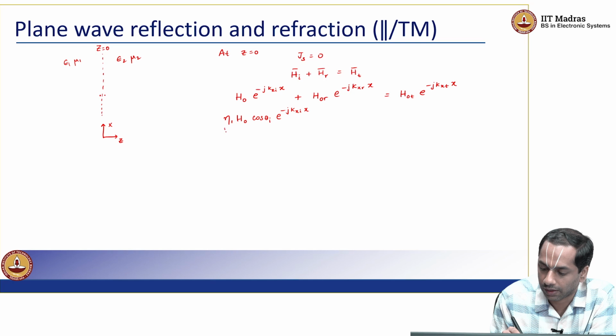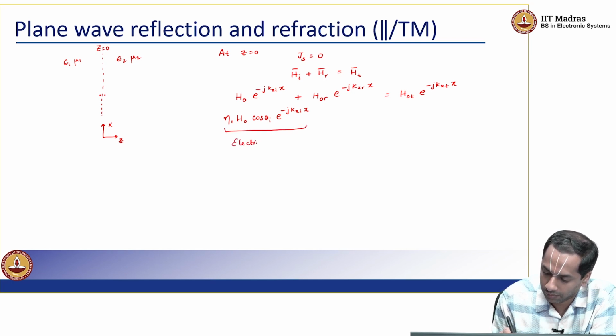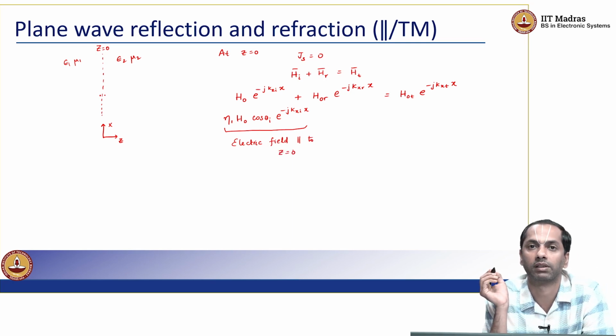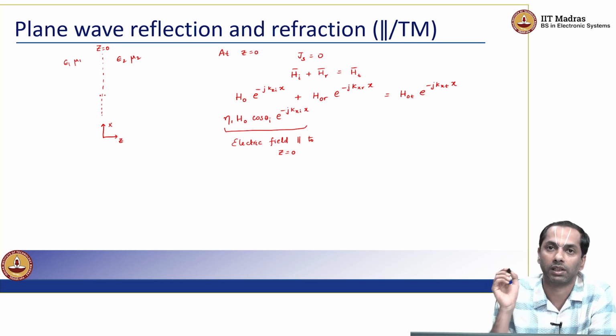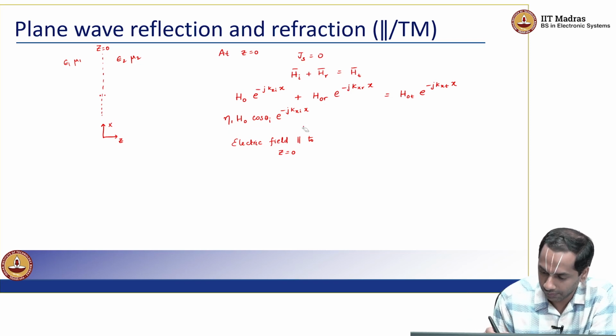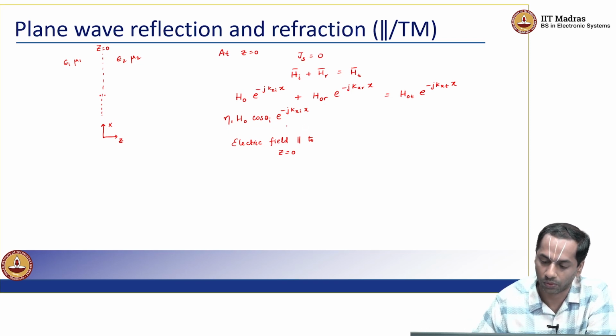This is my electric field parallel to z equals 0, or the dielectric boundary, that is coming only from the incident beam. Let's not forget that this is not the only source of electric field at the boundary to the left of the boundary.